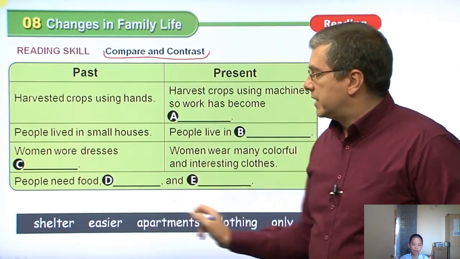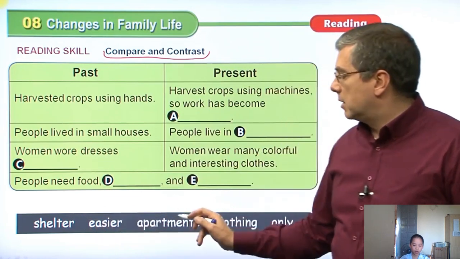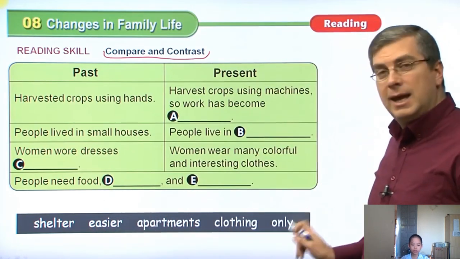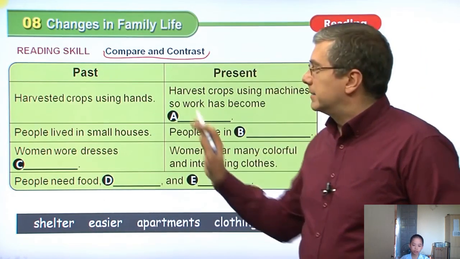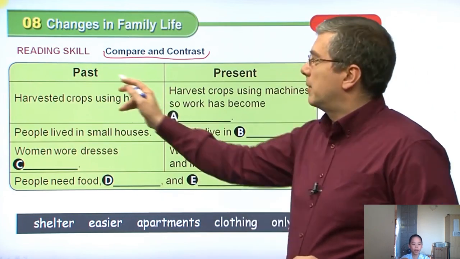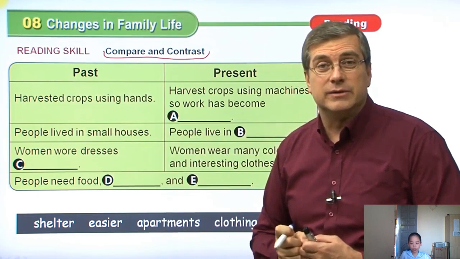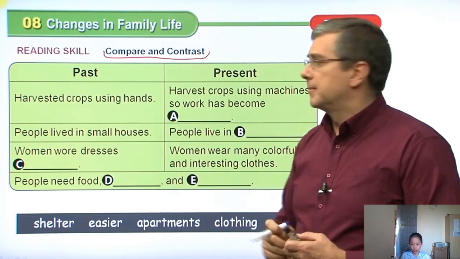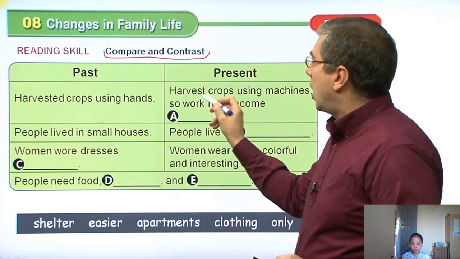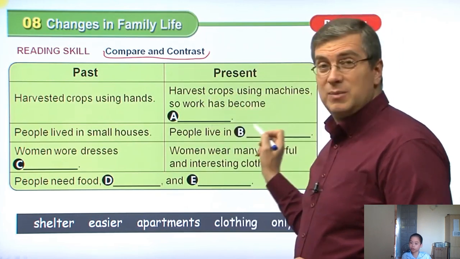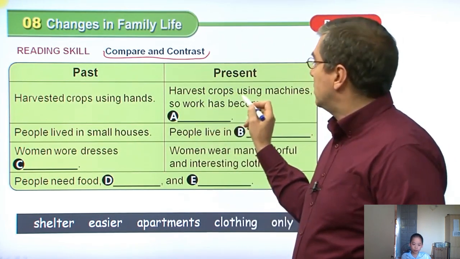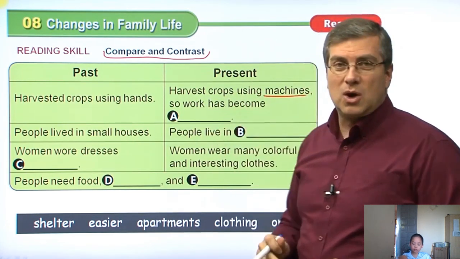So in the past, harvest crops. Our words are shelter, easier, apartment, clothing, only. So let's go to past. Past: harvested crops using hands, not using machines. In the present, harvest crops using machines. So what can become easier?